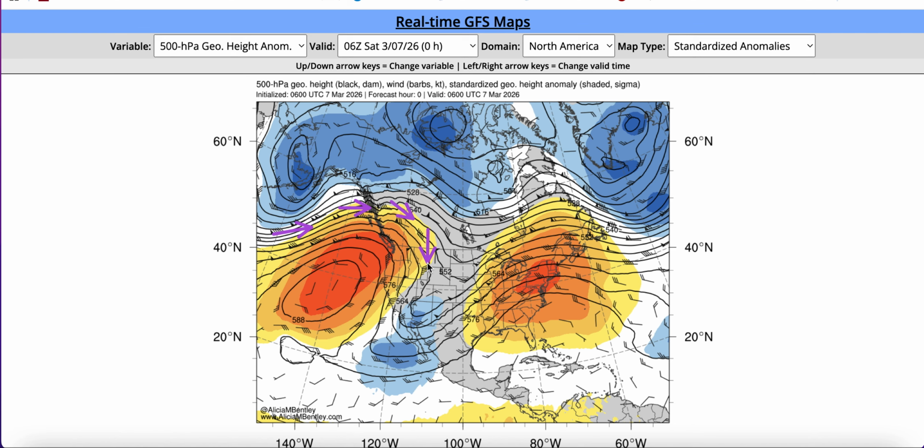Usually most of our active weather is in that corridor. There are exceptions, but usually that's what happens. And so what we're noticing is a big ridge over the west, a bit of a trough over the middle of the United States here, and then another ridge out over the east coast.